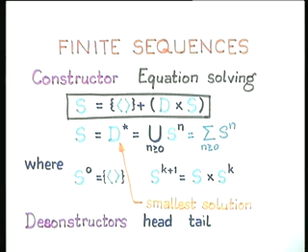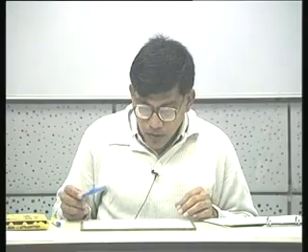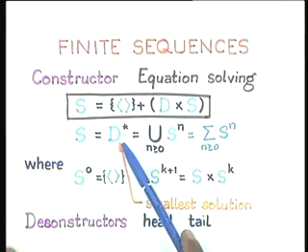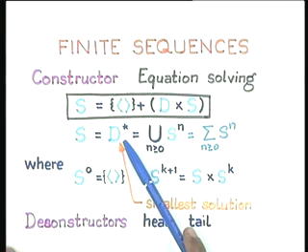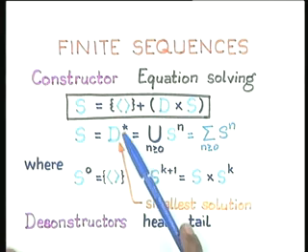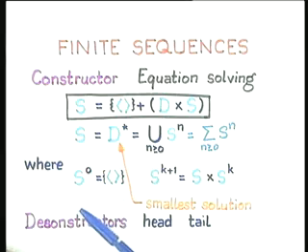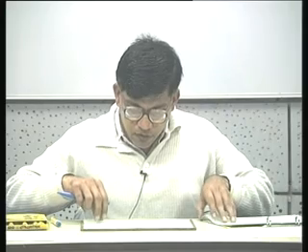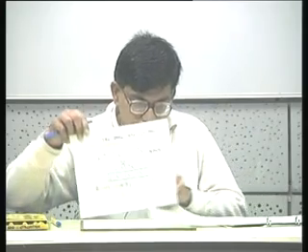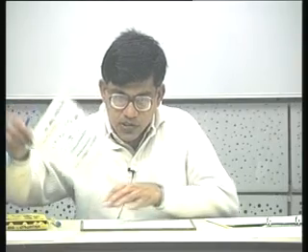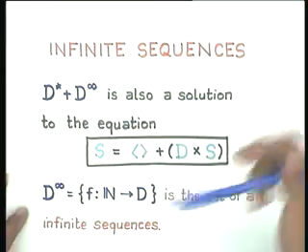Now, if you look upon it as just equation solving, then this is not the only solution. There are other solutions to this equation. For example, you could have infinite sequences also as solutions to this equation.